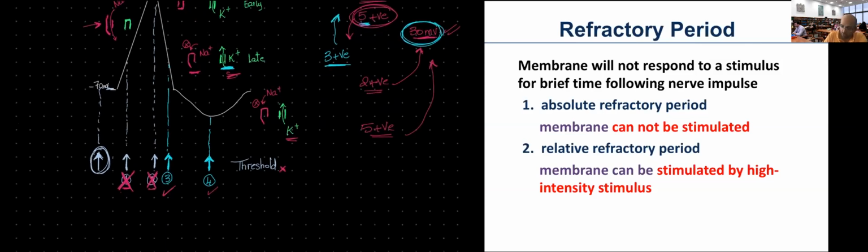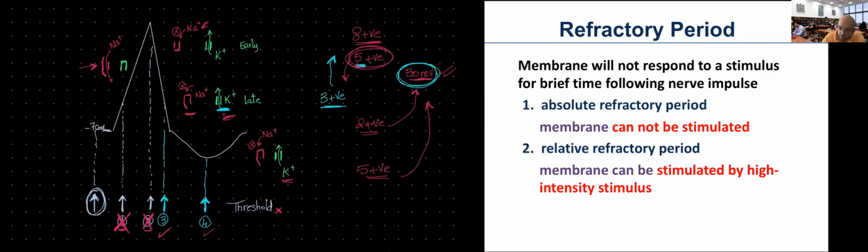Yes, I can respond, but to a stimulus stronger than threshold. How come you are able to respond? Because simply the sodium channels are already closed. And if the sodium channels are already closed, I can open them now. But I need to open more of them to substitute the loss of positive charges to the outside of the cell as I'm leaking potassium out. Does this make sense?